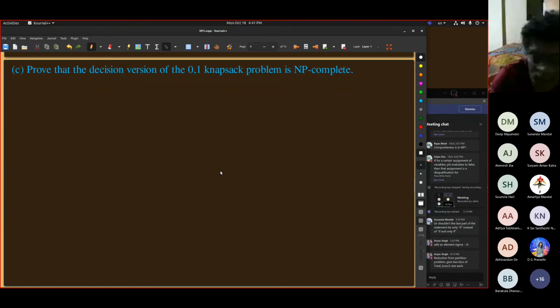Okay, any suggestion from where should I reduce? Okay, first of all, it is in NP, that is clear. Just give me the objects to pack. I will find out whether the sum of the weights is less than or equal to C and whether the sum of the profits is greater than or equal to the target T. That's fairly straightforward to verify. So what about hardness, NP hardness?